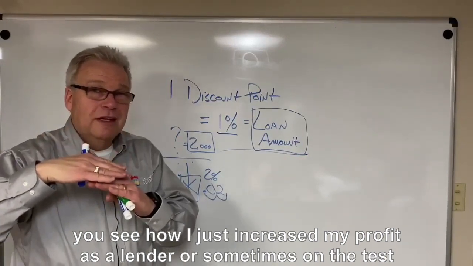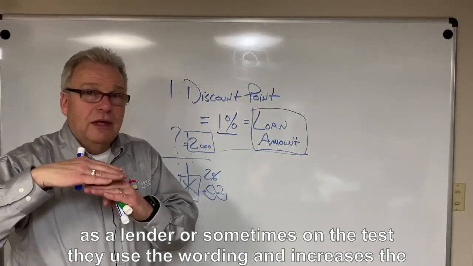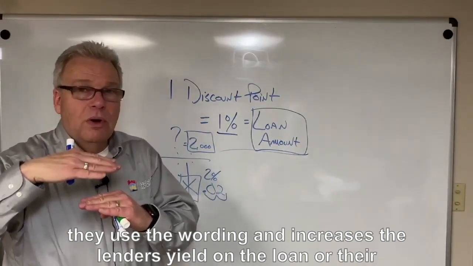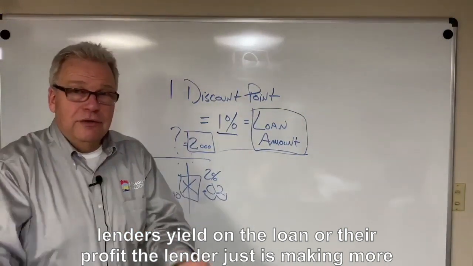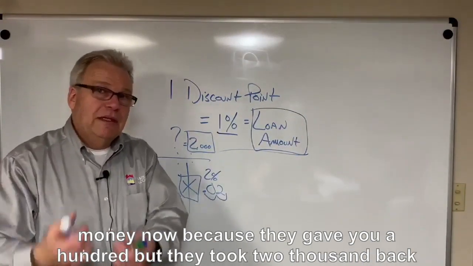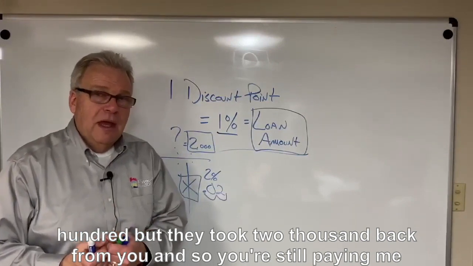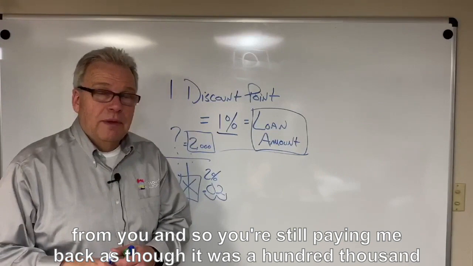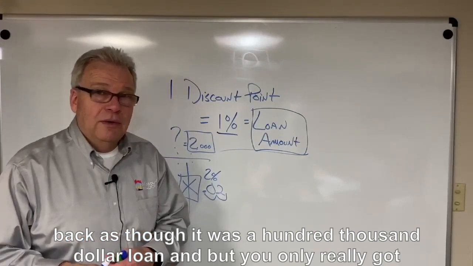Sometimes on the test they use the wording increases the lender's yield on the loan, or their profit. The lender is making more money now because they gave you 100 but took 2,000 back from you, and you're still paying me back as though it was a $100,000 loan.